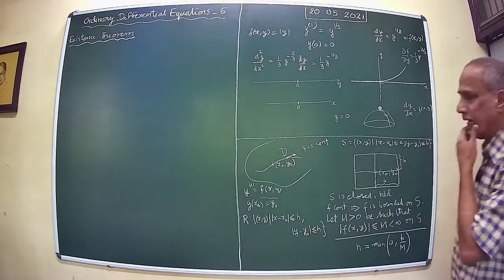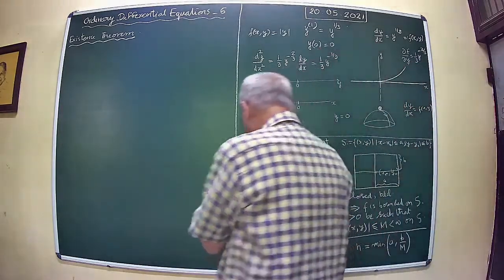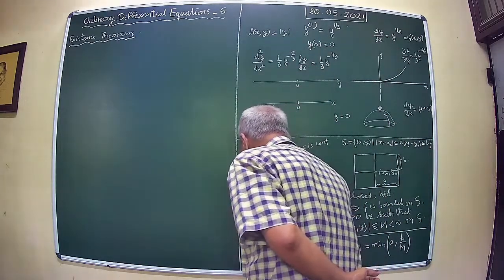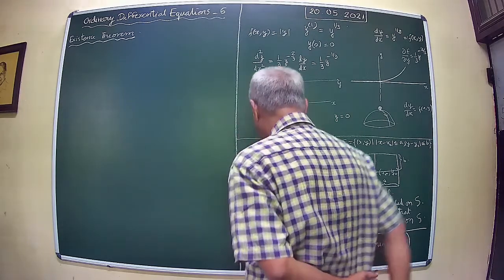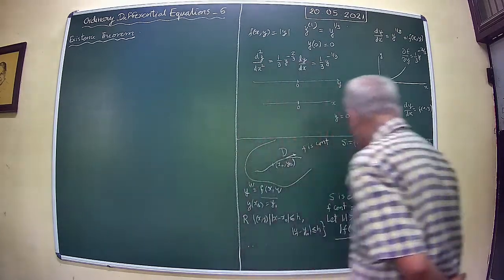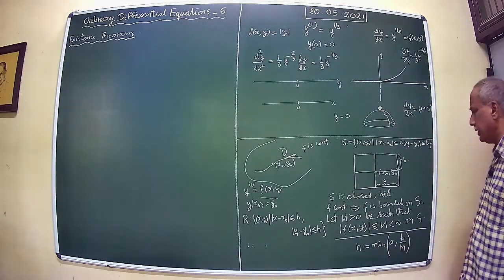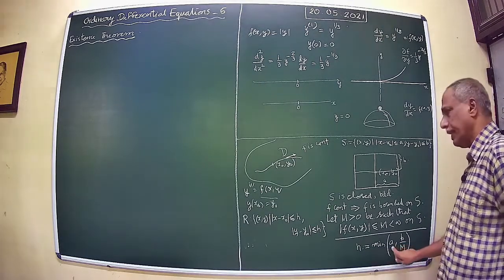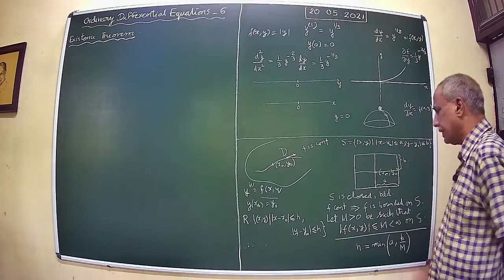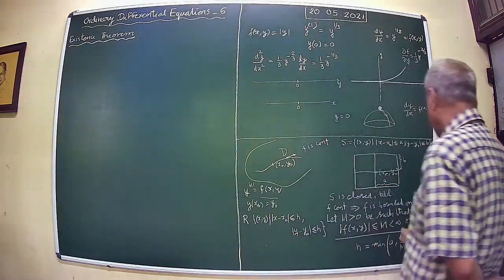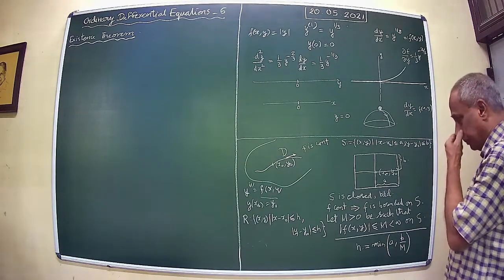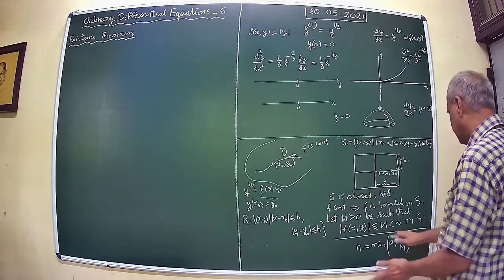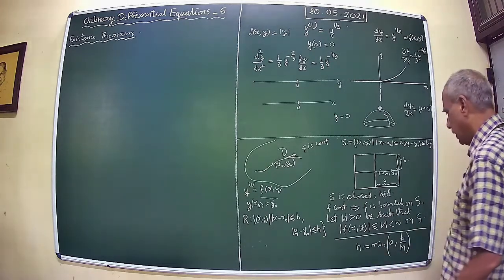Now you can easily see that h is the minimum of a and b by M. So you can have a situation where h is equal to a if b by M is greater than a, h is equal to b by M if a is greater than b by M, or if a is equal to b by M, then h is equal to a.